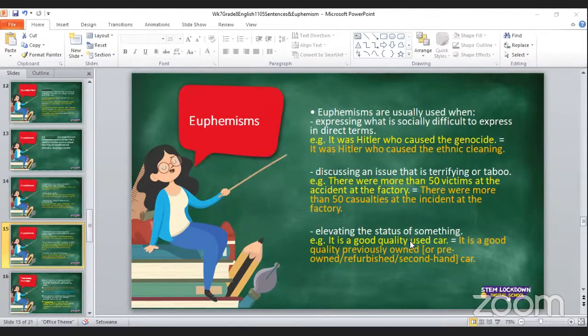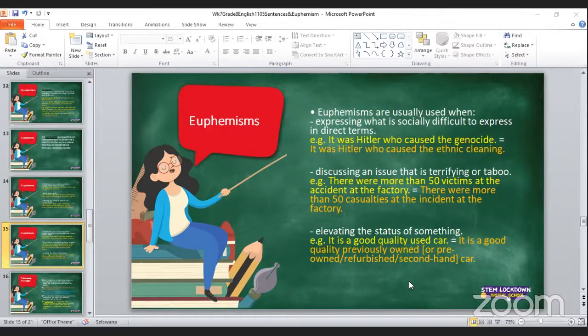No, what I would say is it is a good quality pre-owned car, or a good quality previously owned car, or a good refurbished car, or a good second-hand car. Okay, so that is how we can use euphemisms.